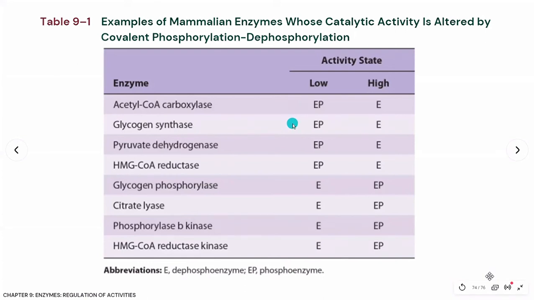However, when the glucose is low in the blood, the glycogen stored in the liver has to be degraded to become glucose again to supply the low amount of glucose in the blood. And this is the work of glycogen phosphorylase.